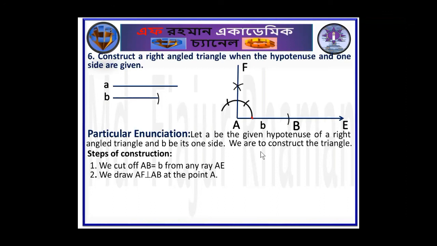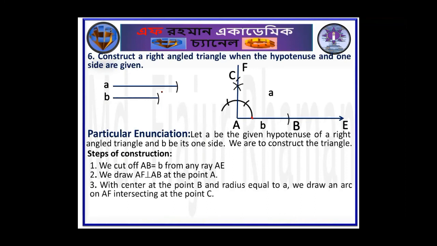And then with center at the point B and radius equal to a, we draw an arc on AF intersecting at the point C. See this, the third step. And then we join BC.